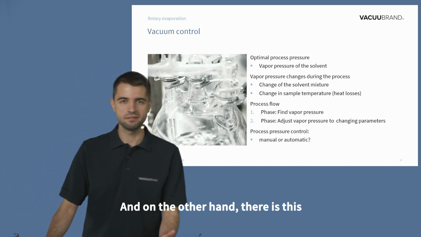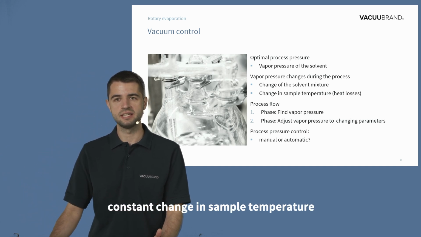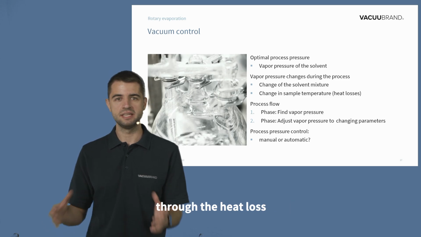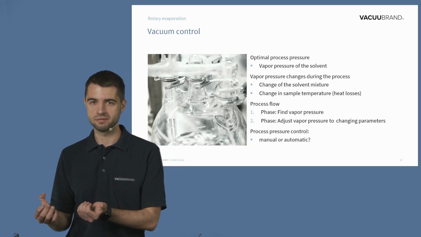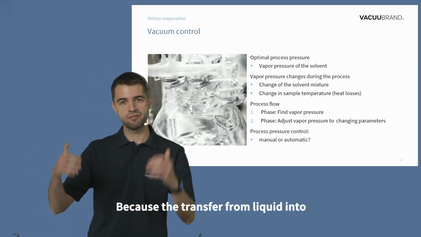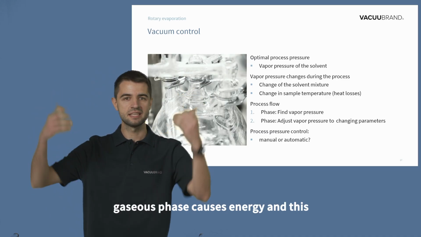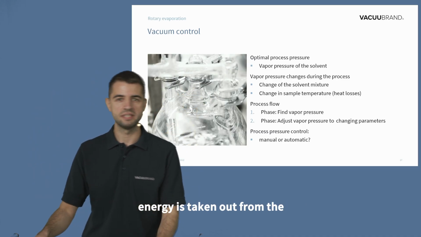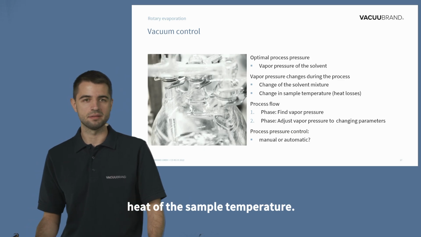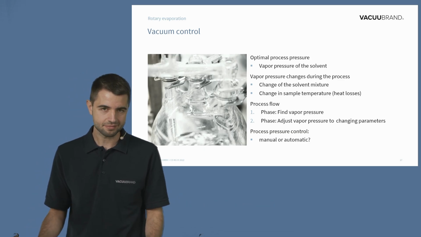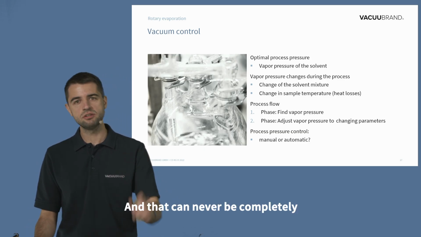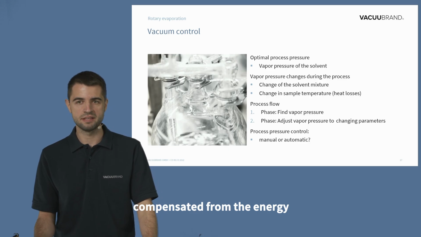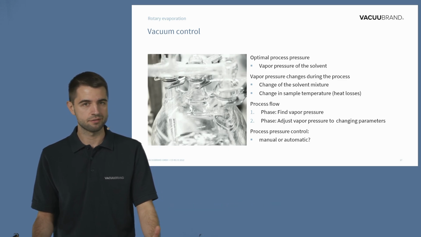And on the other hand, there is this constant change in sample temperature through the heat loss coming from the evaporation. Because the transfer from liquid into gaseous phase costs energy, and this energy is taken out of the heat of the sample temperature. And that can never be completely compensated by the energy coming from the water bath.